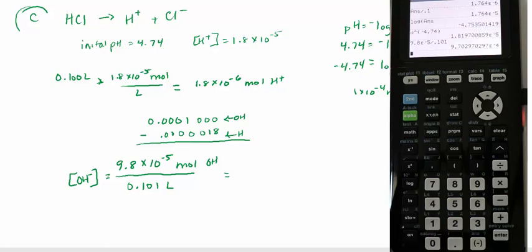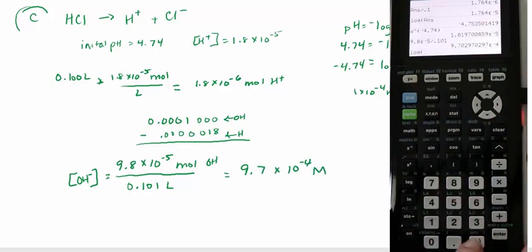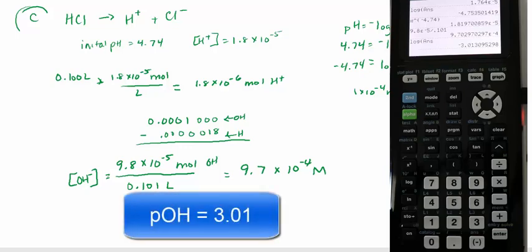Now the question asked for the pH. I'm going to find the pOH because this value is still in my calculator. So the pOH is equal to 3.0, and I'm going to give it one more digit, 3.01. So the pH is going to be 14 minus this value. The pH is 10.99 is what it looks like.